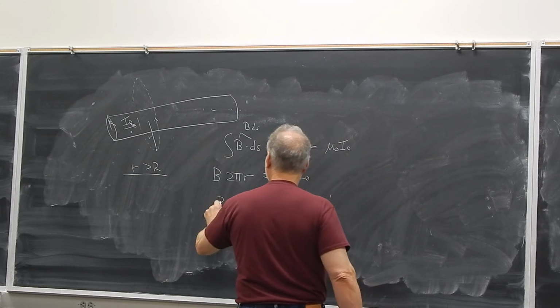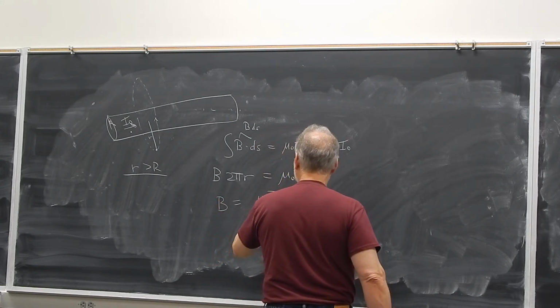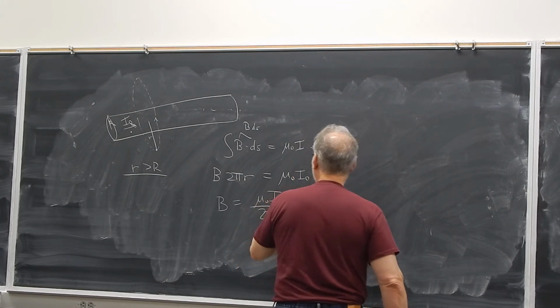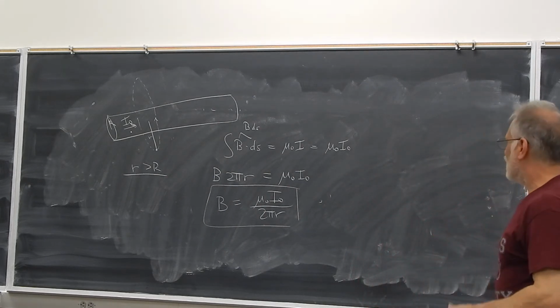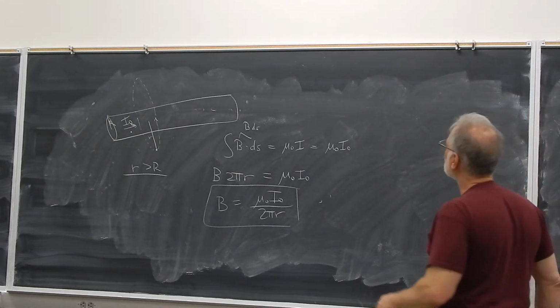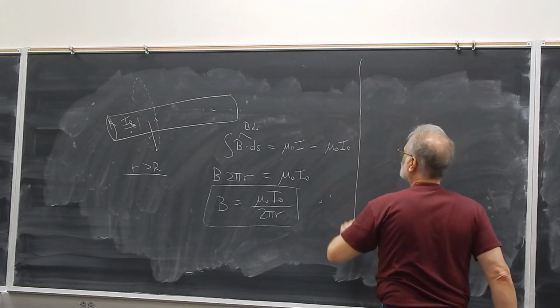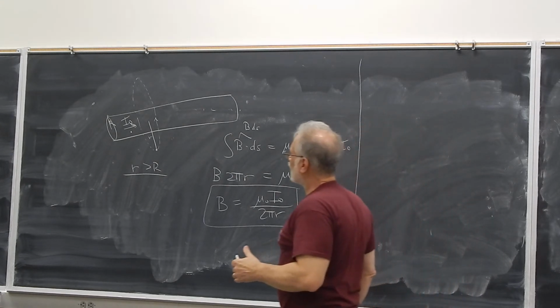Therefore, the magnetic field at that point outside the wire, of course, as I would expect, is mu naught I naught over 2 pi r. And you could get there using Gauss's law, but it's a much more involved process. This is a very simple process. Okay, it's a uniform current carrying wire.